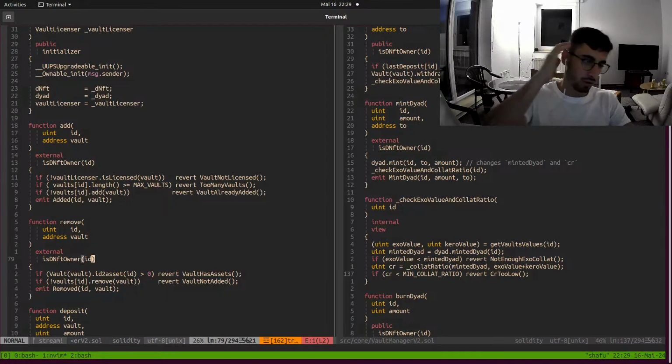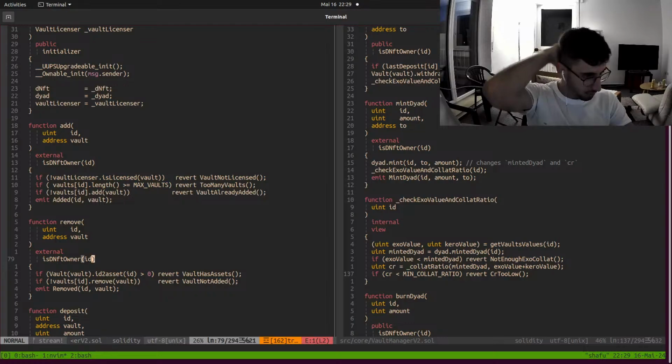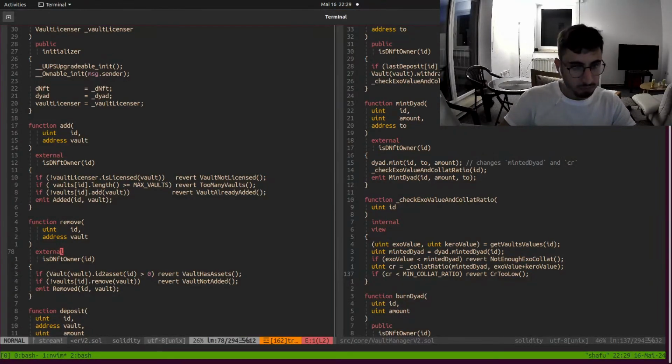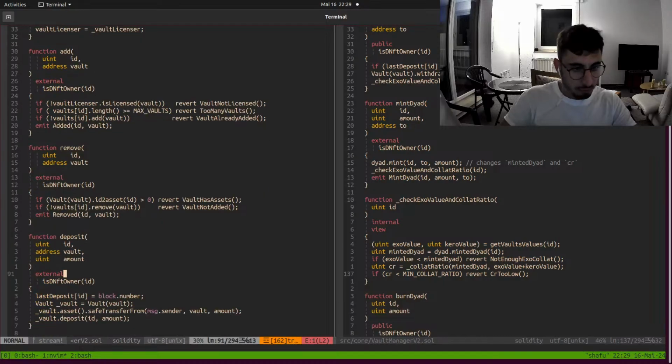So anyone could come in, put something inside your vault, and then you cannot remove it anymore. So this is fixed by requiring it to be the NFT owner.